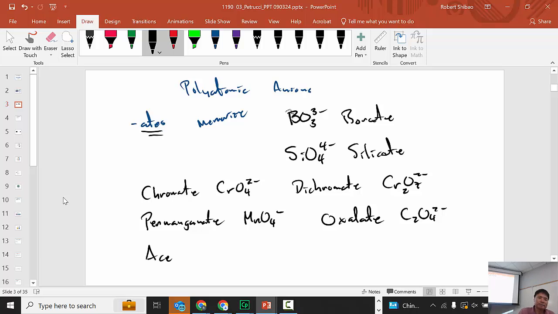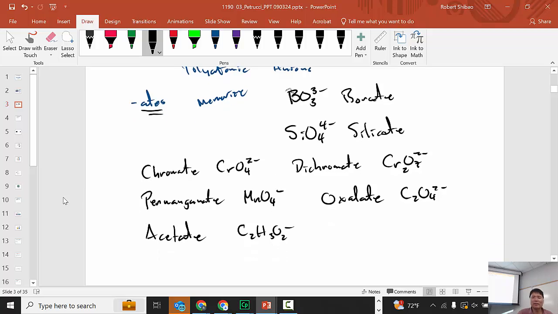How about acetate? Yeah. Maybe a few others. Cyanate is not that common, but we'll throw it in here. SCN minus is thiocyanate. No, OCN minus is cyanate.